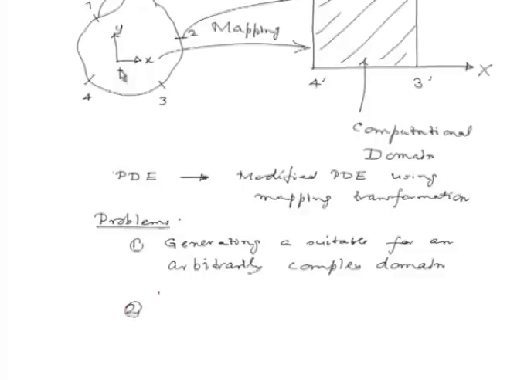And the second problem was handling of boundary conditions. This is not as complicated as the first one, but nevertheless the transformation from physical domain to computational domain makes the boundary conditions a bit complex.